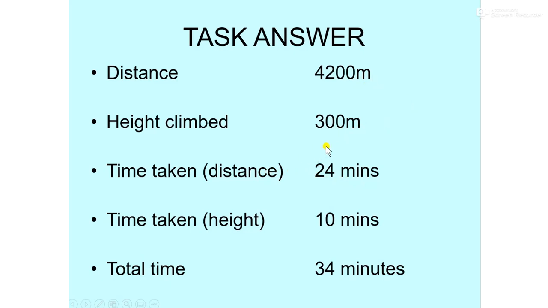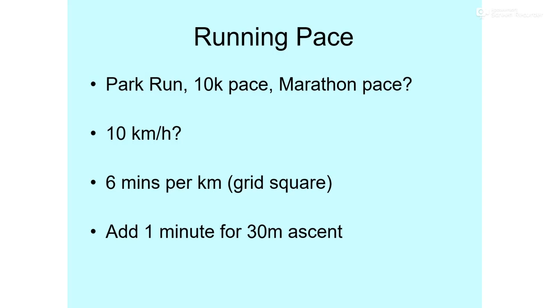If we're adding 1 minute for every 30 meters, then we need to add 10 minutes for that 300 meters. That's quite convenient. And then we add the 24 and the 10 together, and we get 34 minutes. So 34 minutes for that distance and height gain using that particular formula.